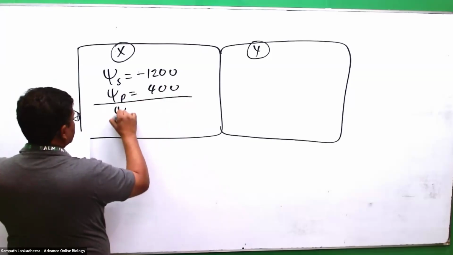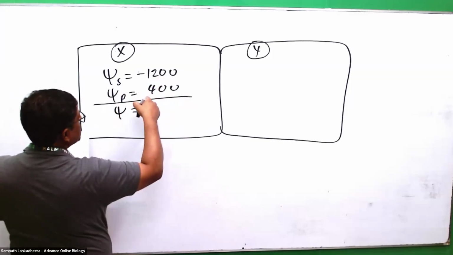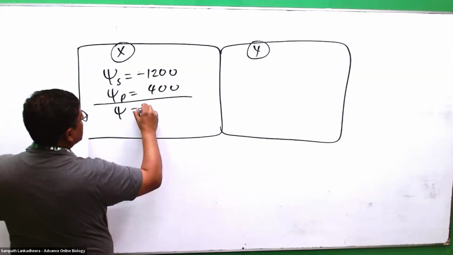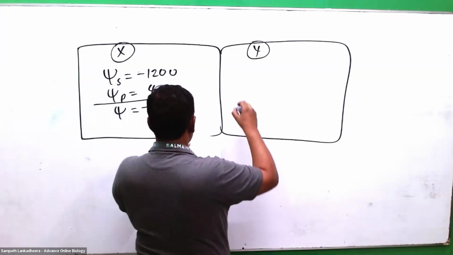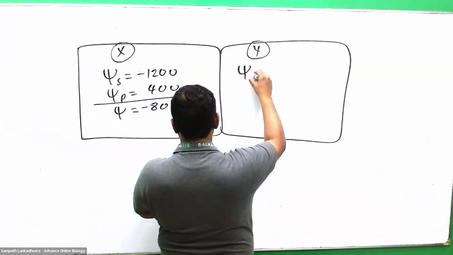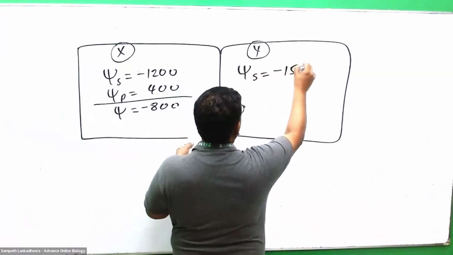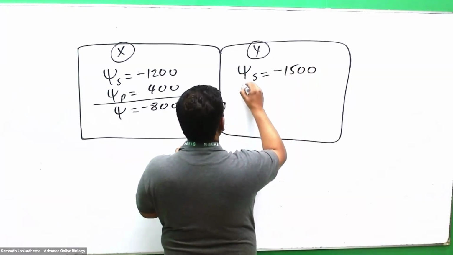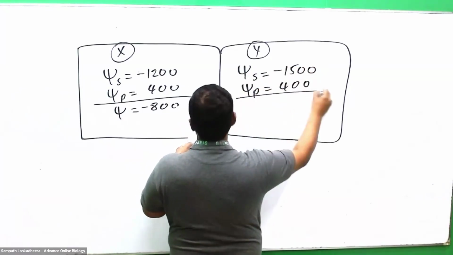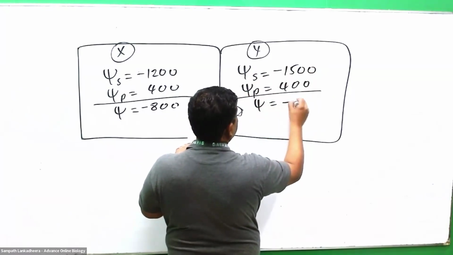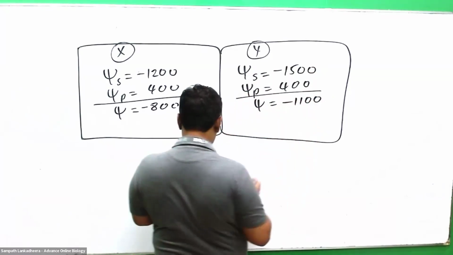So you can find water potential is the total of these two, that means minus 800. For cell Y, psi S is minus 1500, psi P is 400, and psi is equal to minus 1100.